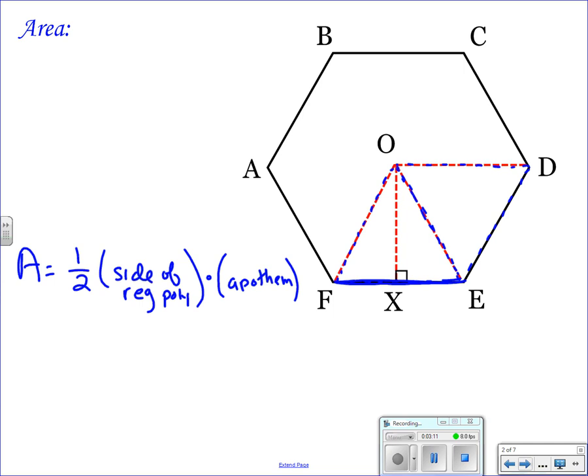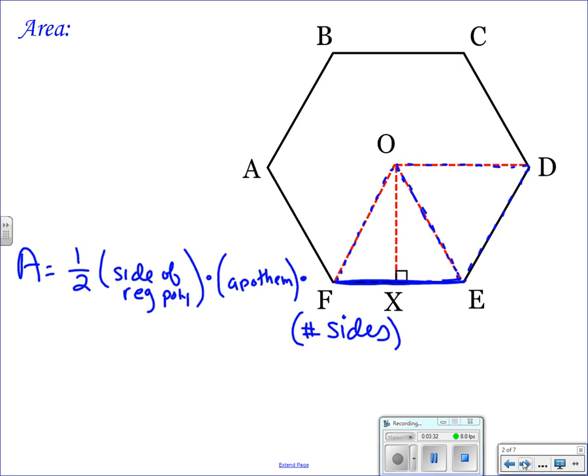And we're going to take that and multiply by the number of sides of our regular polygon. In this case, it's a hexagon. We're going to have a bunch of different side lengths, a bunch of different numbers of sides.